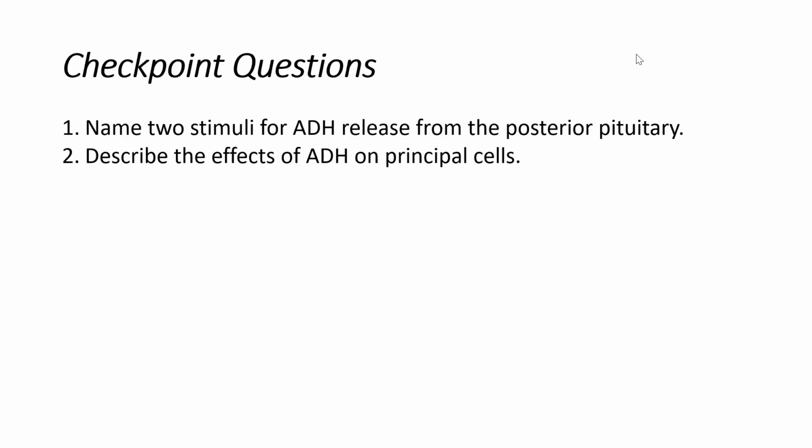That allows for more water to be moved from the tubule, where it would have otherwise been lost as urine. We can move that water back into our vasculature as an effect of ADH, okay?